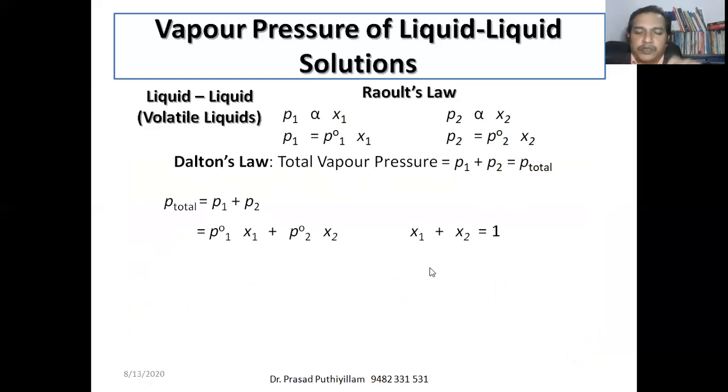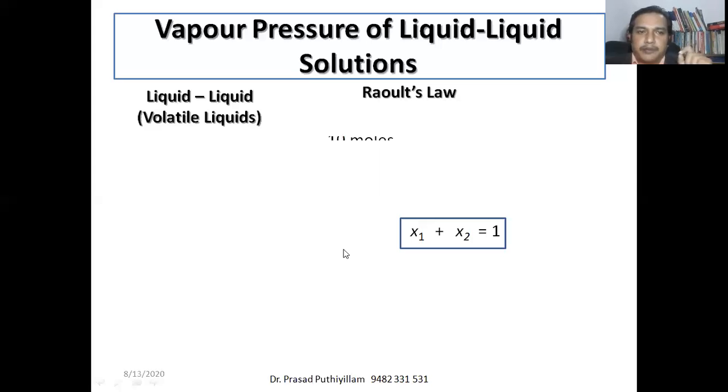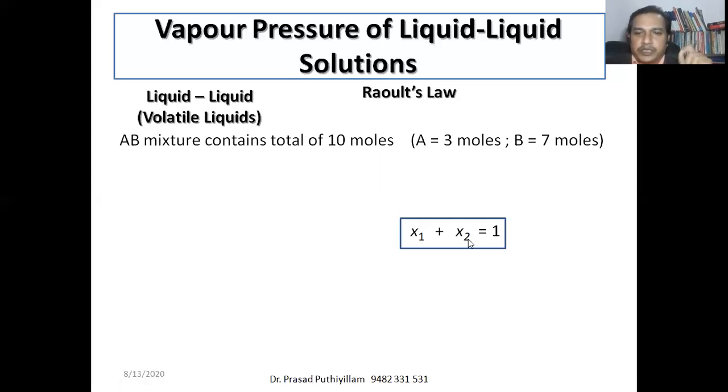It may be confusing, that's why I took an example to explain this X1 plus X2 equals 1, how the sum of mole fractions becomes 1. Consider a mixture AB. The AB mixture contains a total of 10 moles, in which A represents 3 moles and B has 7 moles. Mole fraction is the number of moles divided by the total number of moles.